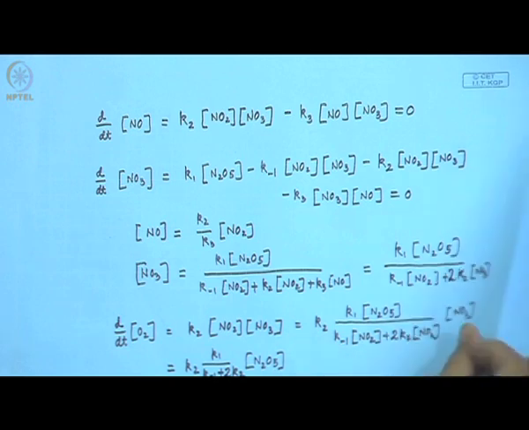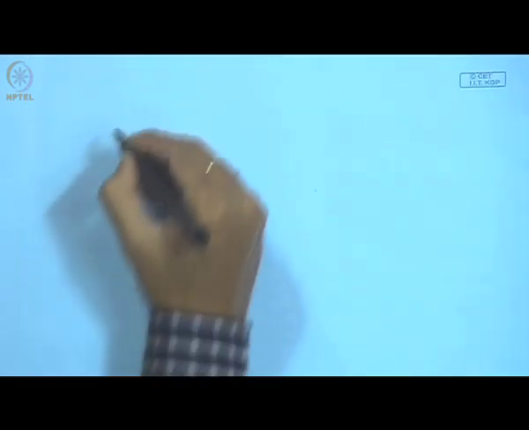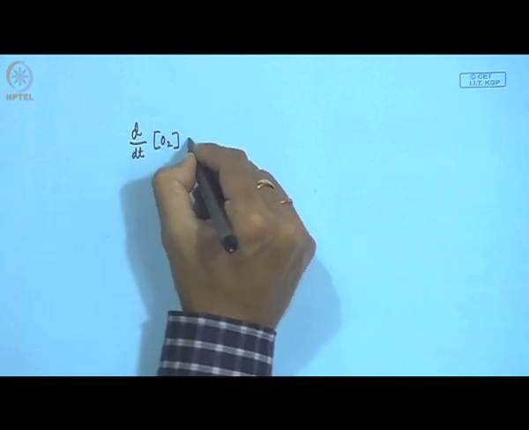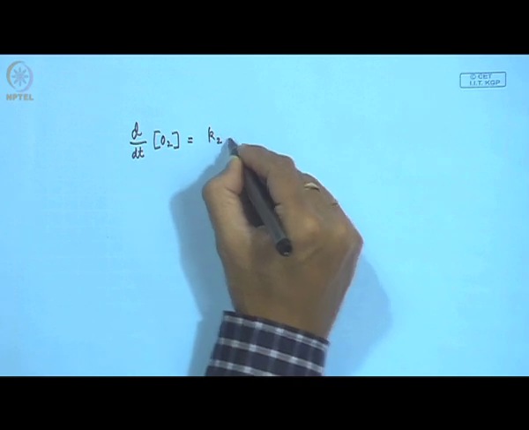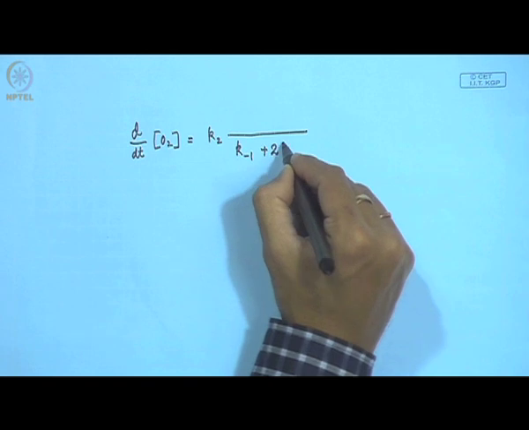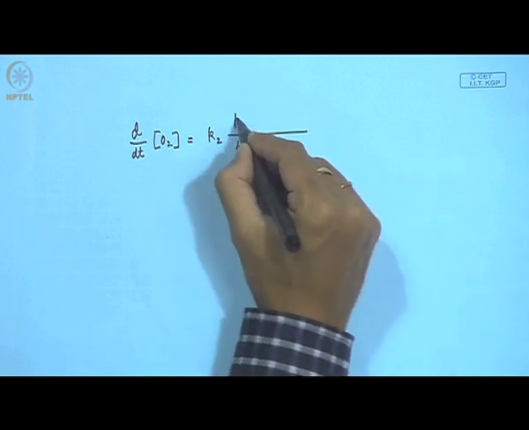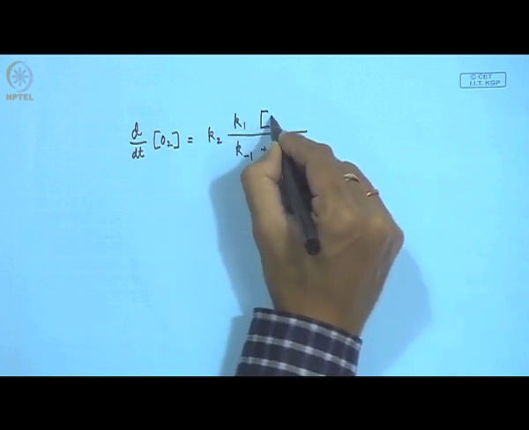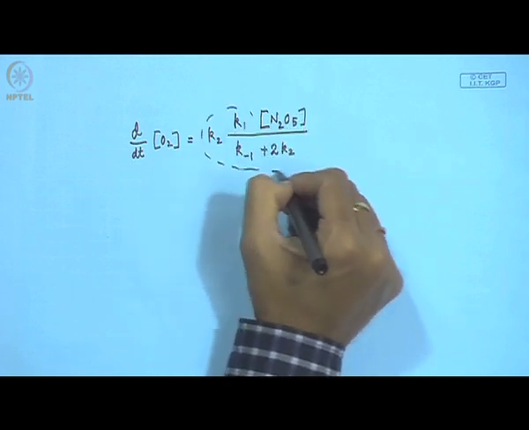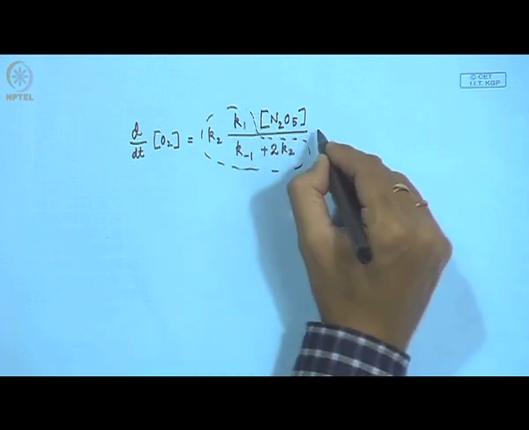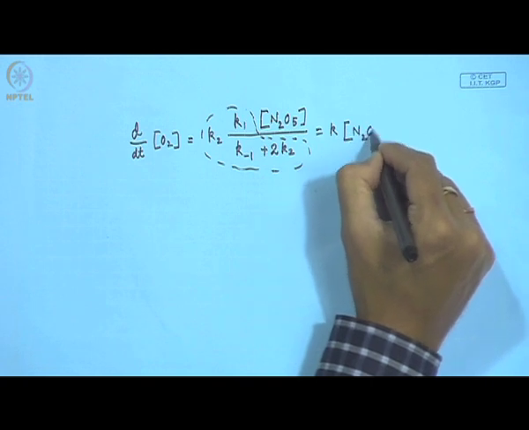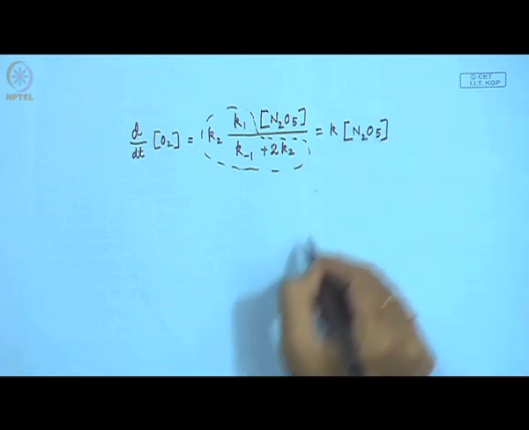So, we can write d/dt of O2 equal to K2 K1 divided by K minus 1 plus 2K2, into N2O5. These together we can write as a constant K into N2O5.